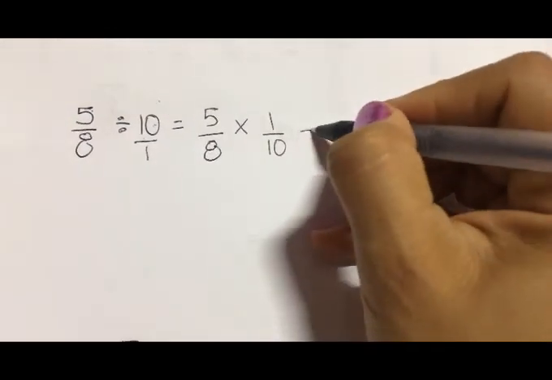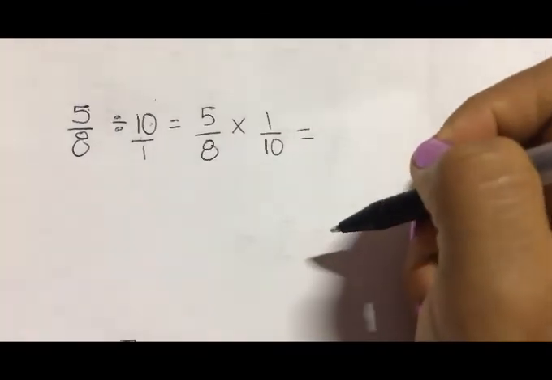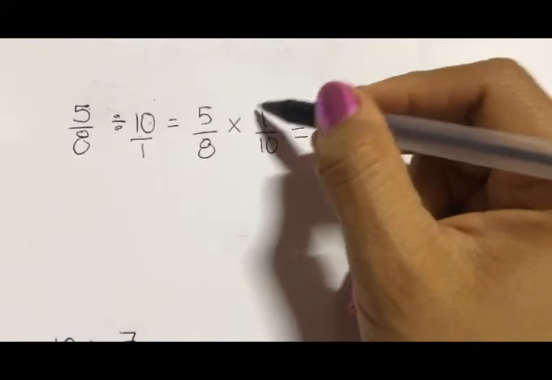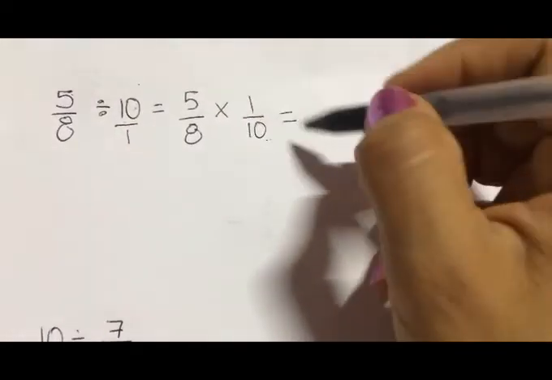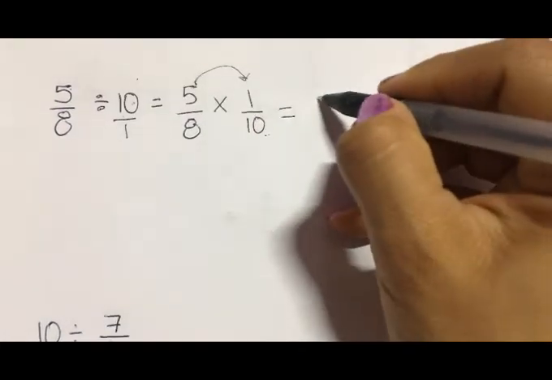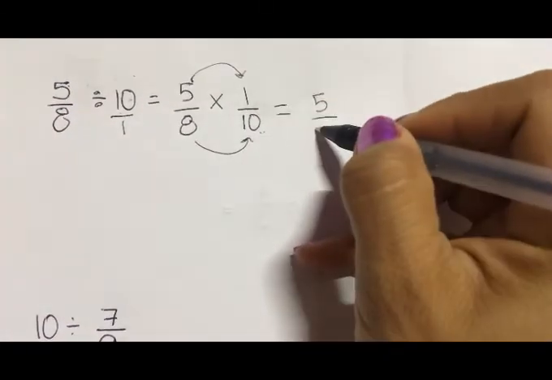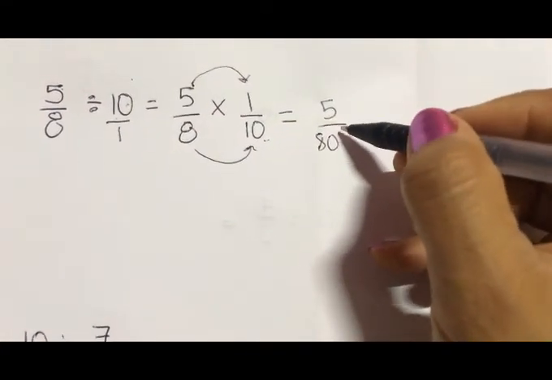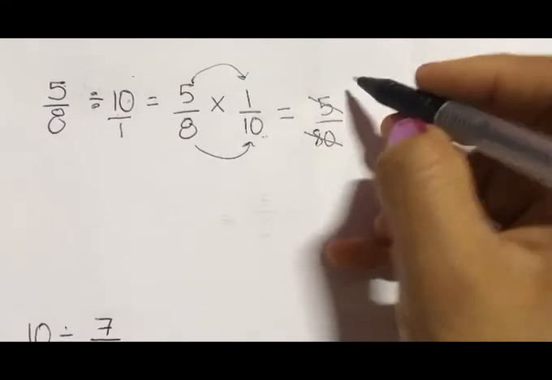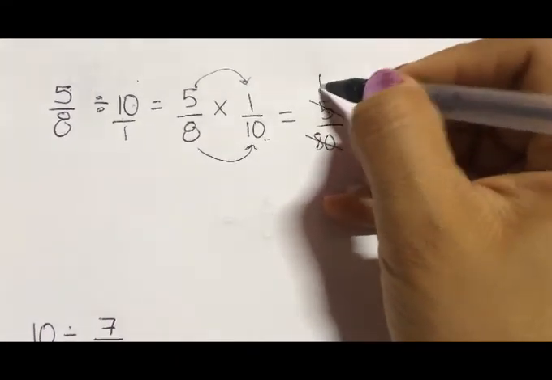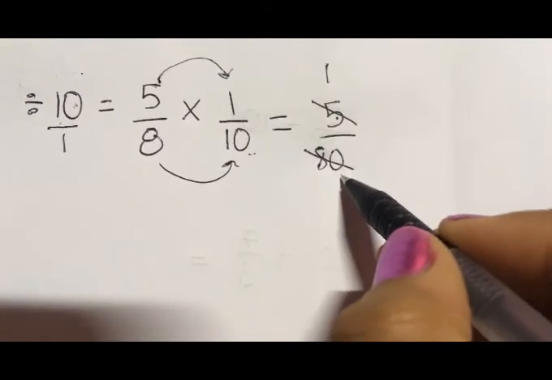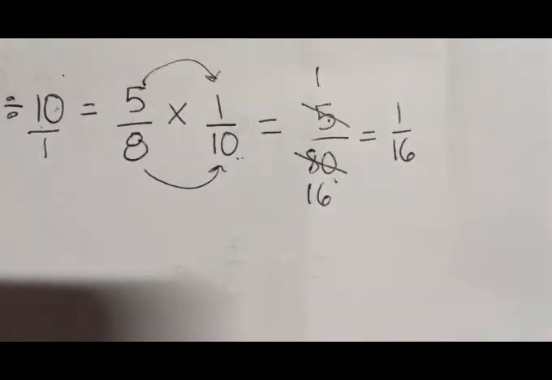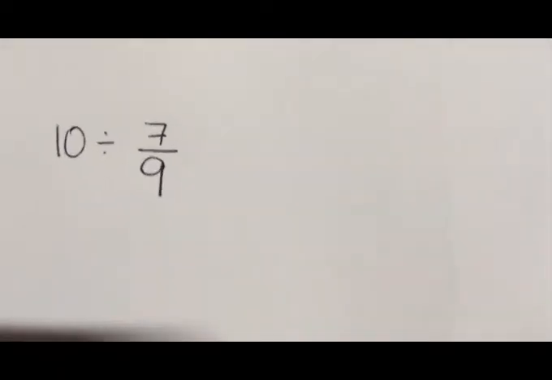Okay, now what I did, I flipped the numbers: numerator exchanged for the denominator, denominator exchanged for the numerator. Okay, and now I have to multiply. 8 times 10 is 80. And now we need to find the same table, the table of 5. Let's divide. 5 divided by 5, 1. 80 divided by 5, 16. This is the answer, 1/16.